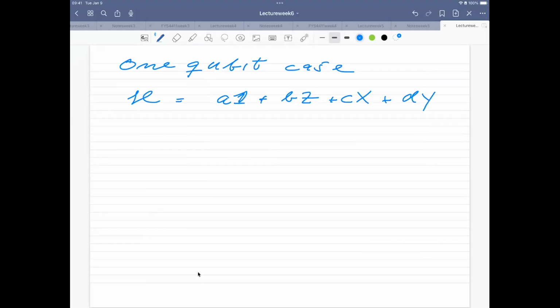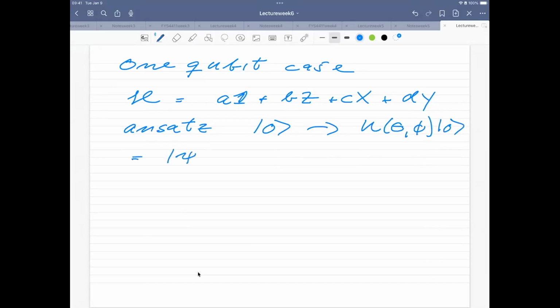What we did last week was simply to make an ansatz where we rotate an initial qubit state, which we could set to the state 0, if we assume the system is in the ground state. Then we perform a unitary operation on that in terms of two angles, theta and phi, acting on 0, and that gives us a new state, psi of theta, phi.